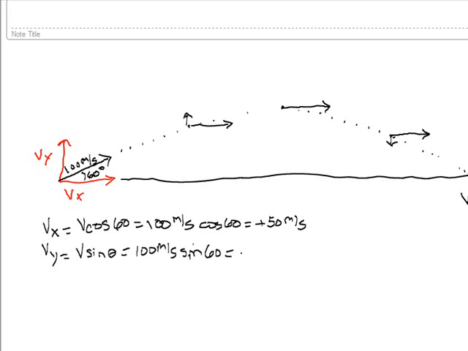This gives us an initial upward velocity of positive 87 meters per second. So as the projectile moves forward, its forward velocity is 50 meters per second at all times.